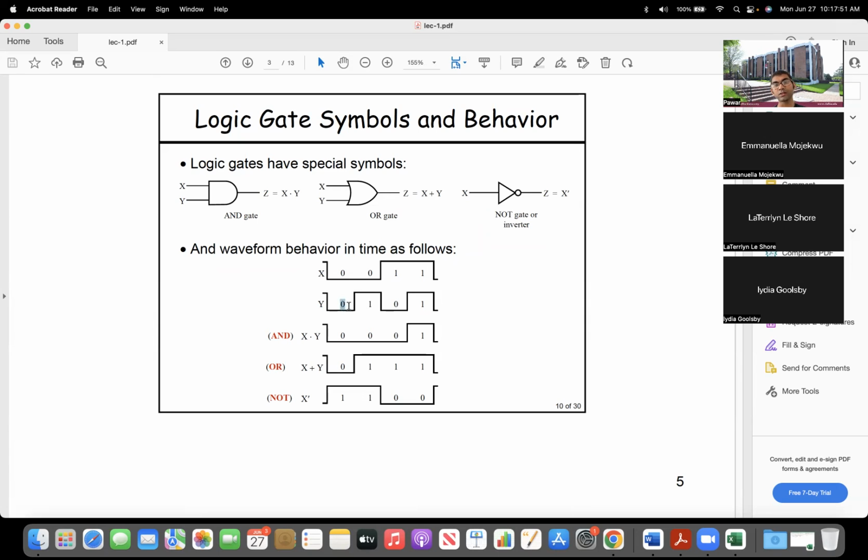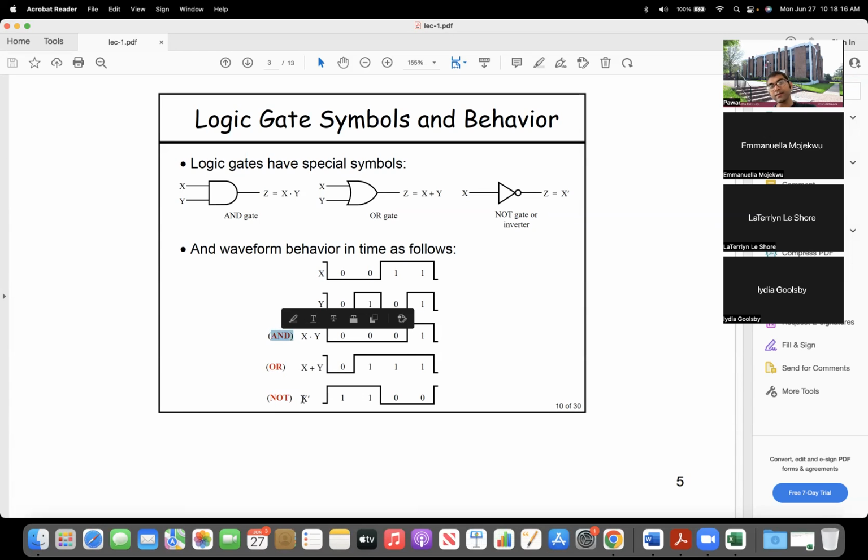Y is 0 depression, 1 elevation, 0 depression, 1 elevation, right? So again, we have to make a kind of truth table, in the form of a waveform, with two variables called X and Y. Three gates: first is the AND gate, second is the OR gate, third is the NOT gate.